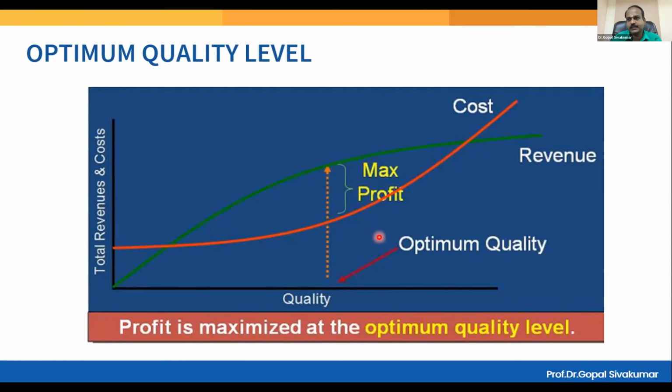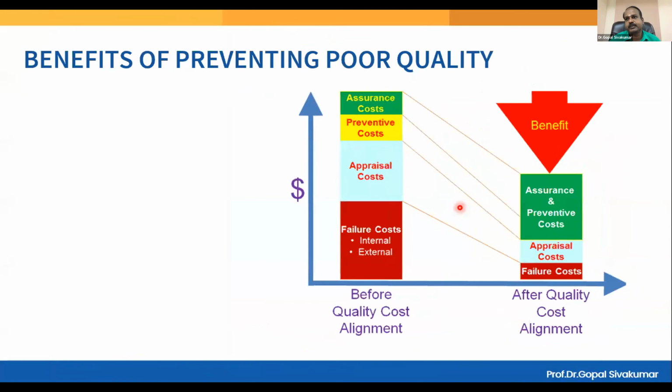If strategically you need to do it, you can do it. Otherwise, it is good to stop at this point, because if you improve the quality further, that will happen at the expense of your profit, which is not a good idea. But if your customers are ready to pay the extra price, then definitely you can go beyond. Otherwise, you should do it strategically.